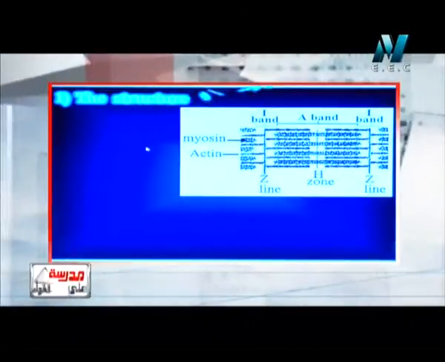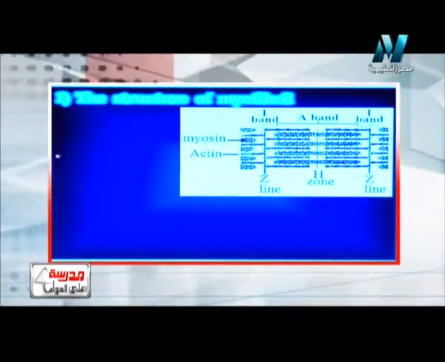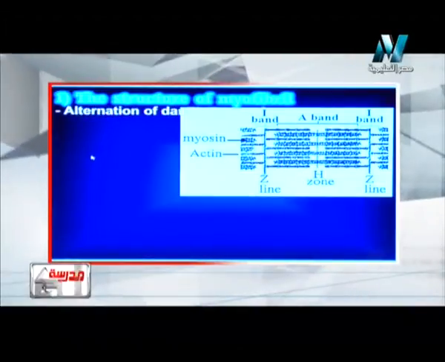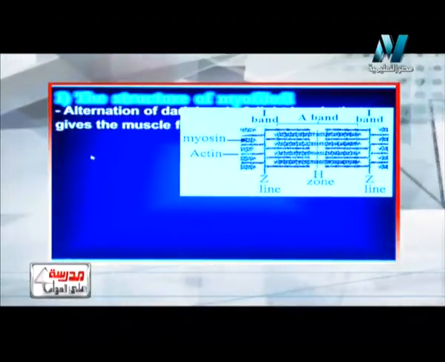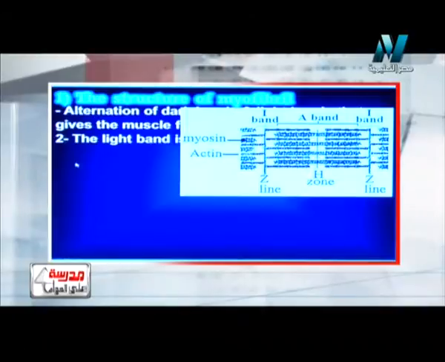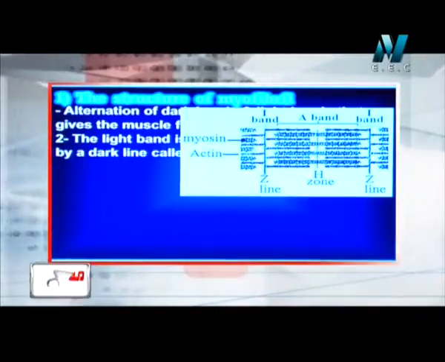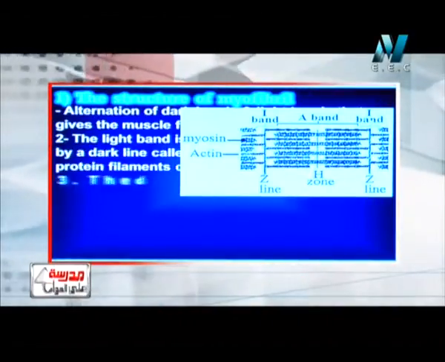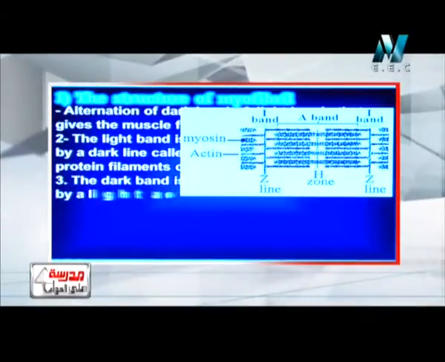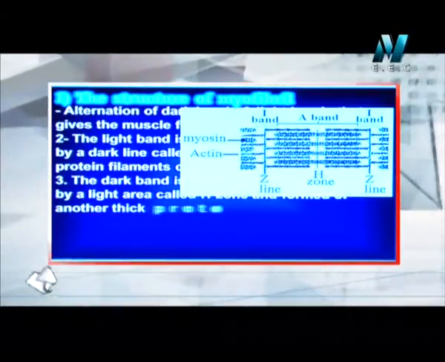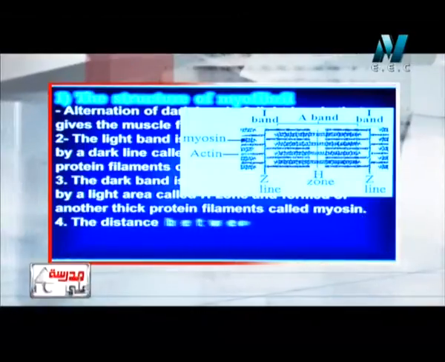What about the structure of the myofibril? The myofibril consists of alternating light bands and dark bands. The light band is called the I band, which consists of thin filaments called actin bisected by the Z line.